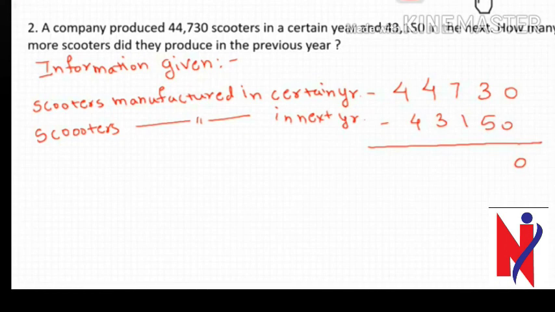So 0 minus 0 is 0. 3 will become 13. 1 you will write down. 13 minus 5 is 8. 7 minus 2 is 5. 4 minus 1 is 3 and 4 minus 4 is 0.